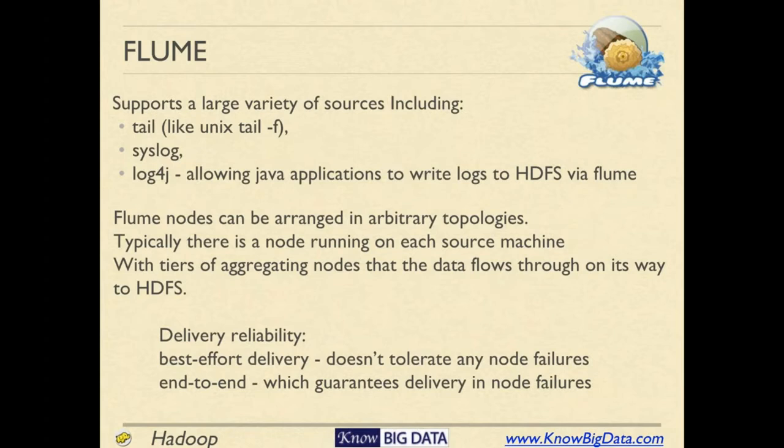So tail -f acts like a monitor, and whenever you are running a web server or a process, you generally do tail -f the file name, so that you can continuously see what's being added to a file. Rather than keep typing tail again and again, tail -f keeps on printing fresh data to your screen. So that's tail.